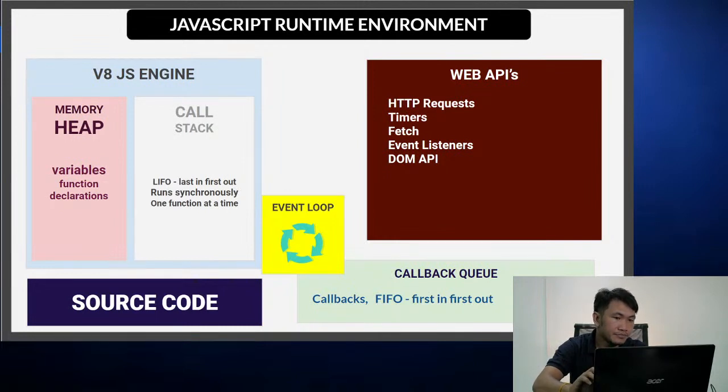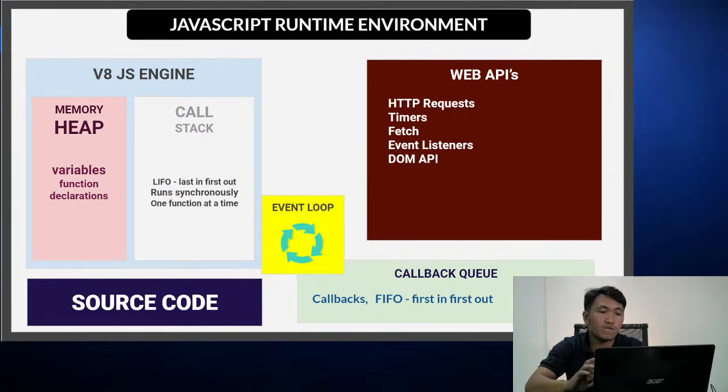Then we have web APIs. These are APIs only added by our browsers, outside our V8 engine. They include the HTTP request, the timers, our fetch function, and the event listeners.